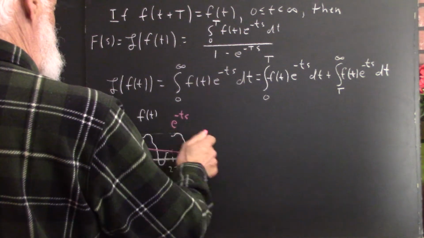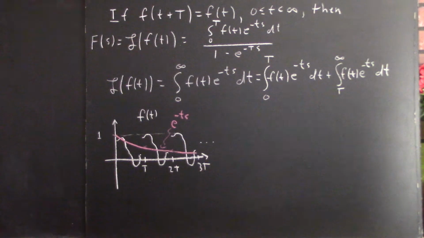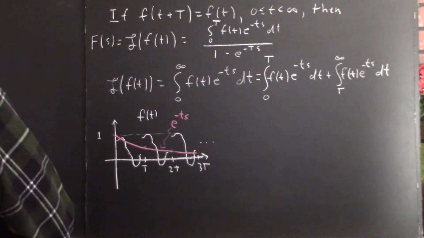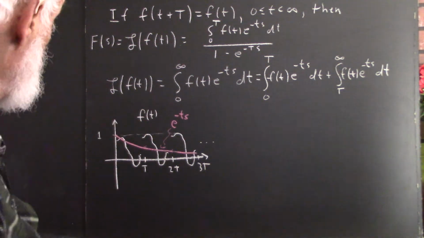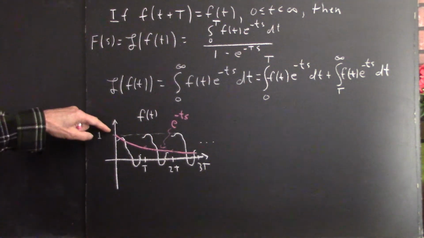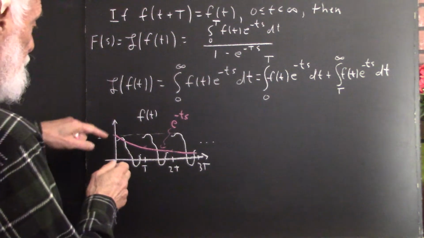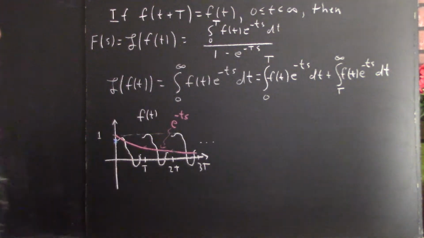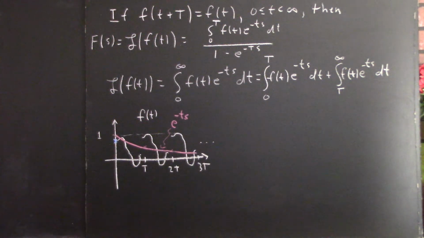So there's your graph of e to the negative ts. If I multiply e to the negative ts by f of t, well, at this point f of t is 1, so I'm going to multiply the value of f of t by 1. I'm going to get a point right there. Now it's going to be equal to the f of t function at this point.